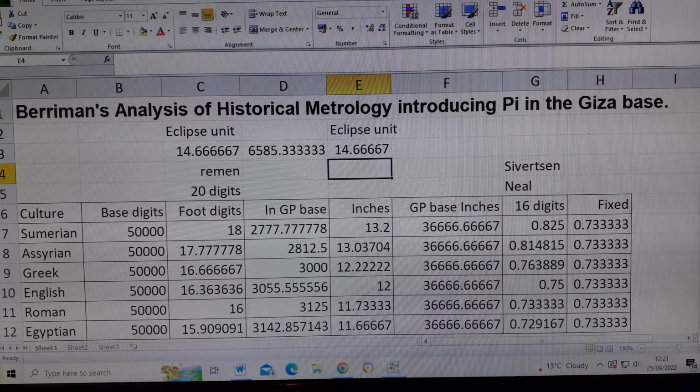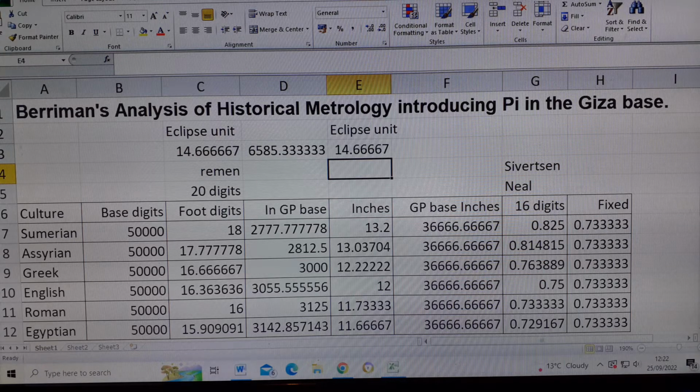Now there is another interpretation. If we go to the Sivertson-Neal column, we find that every foot that we talk about has got 16 digits in it. Now, this is well and good, but it doesn't preclude this analysis that I'm giving you of the foot containing a variable number of digits.